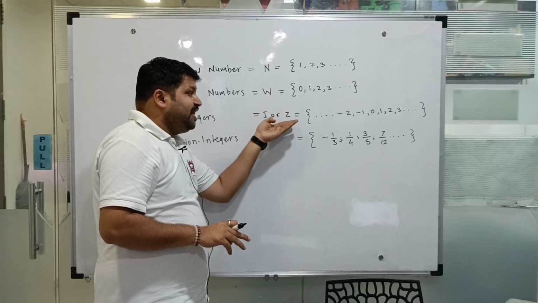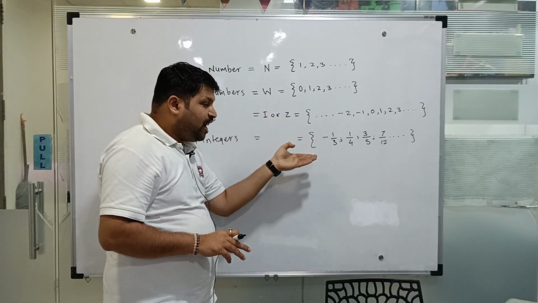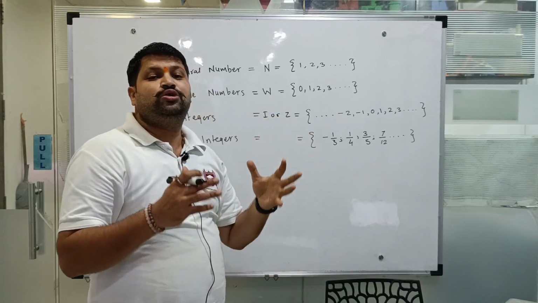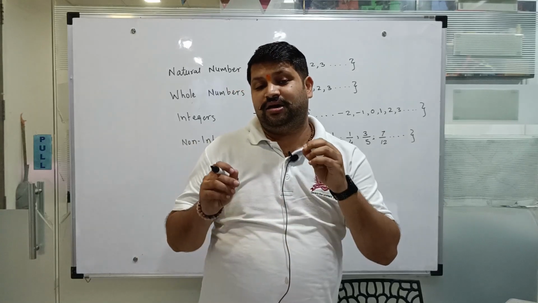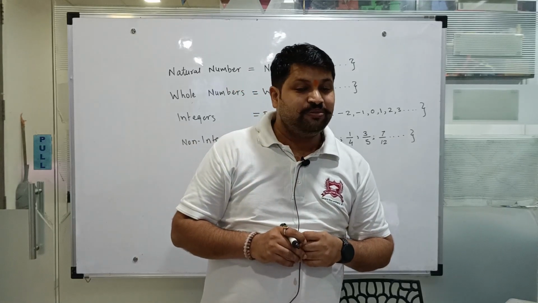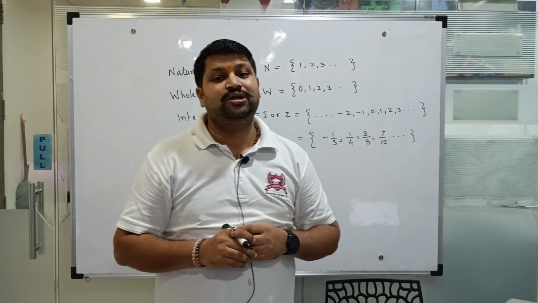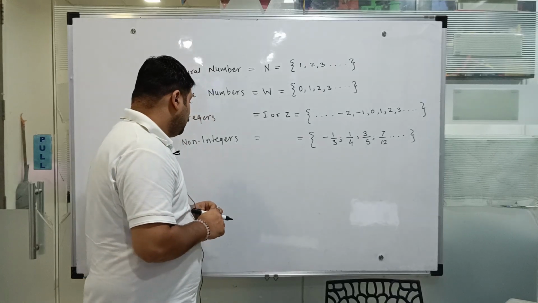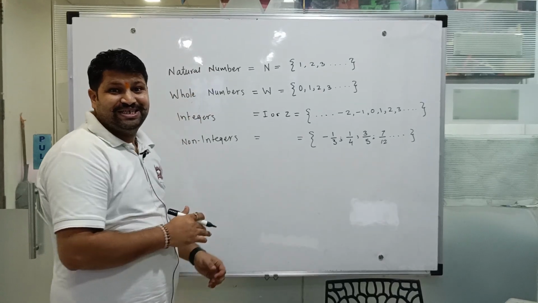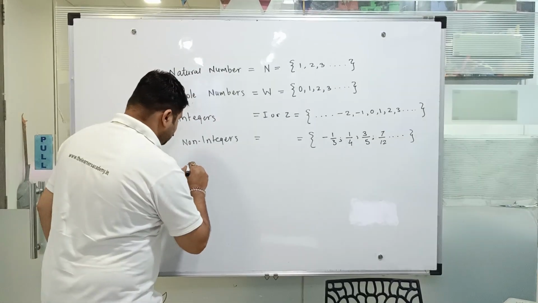Now, if I include the integers and the non-integers together, then the group of numbers that I get is called rational numbers. So the next group that we are going to study is rational numbers.